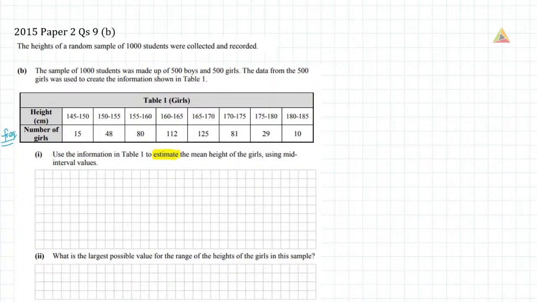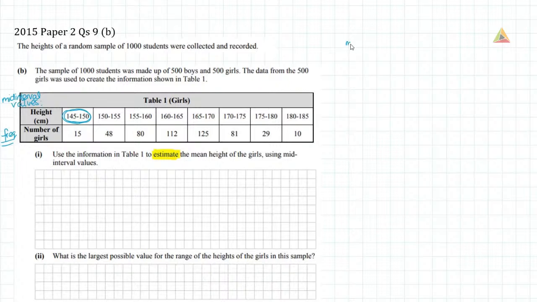And the reason for that is when we have this grouped frequency table, we're going to use something called your mid-interval values. And your mid-interval values is just going to be what's the average of this interval or this class or this group. And how we find it is we take the starting number and the finishing number and we average them, or we find the mean.